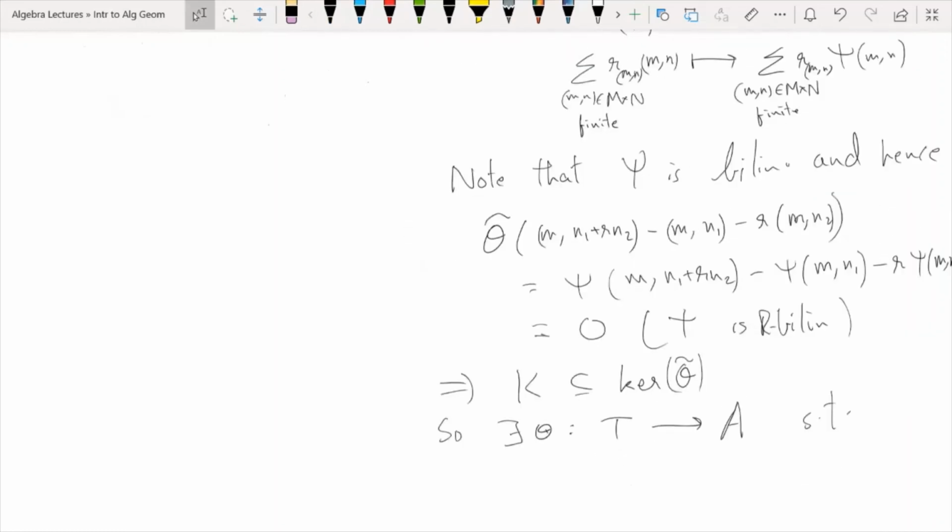So you first go Q and then go theta, and that is the same as theta tilde.